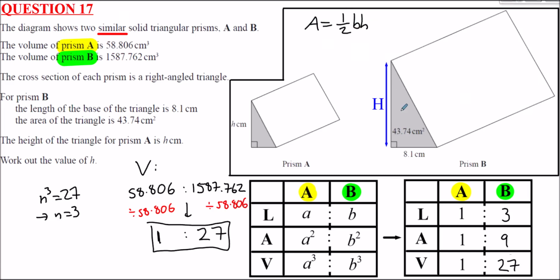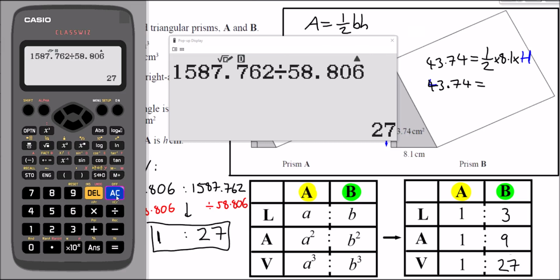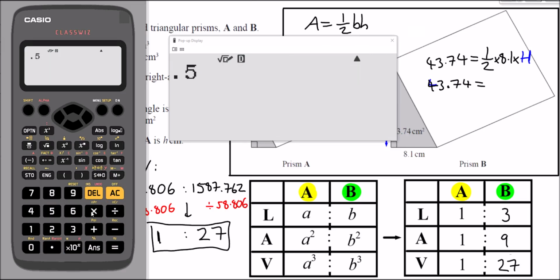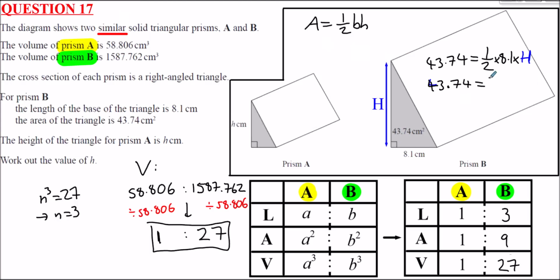So for this one here, we know the area is 43.74, so that must equal half times a base, which is 8.1, times a height, which I've just called big H. So this can be rearranged. 43.74 equals half times 8.1, I can just do that now, 0.5 times 8.1 gives a value of 4.05.